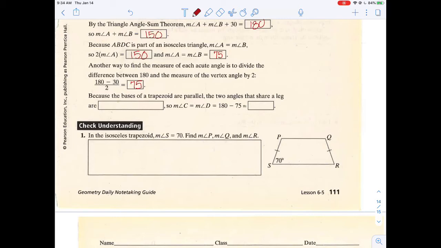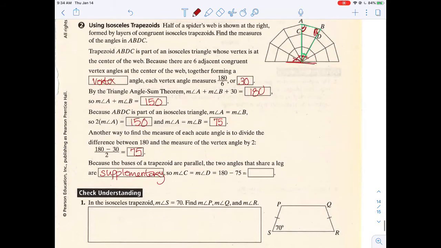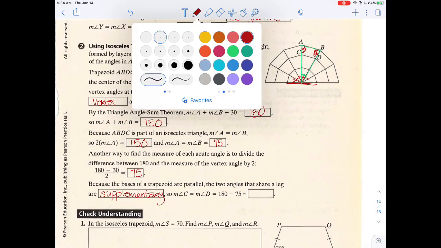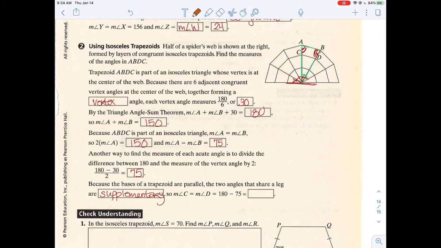Because the bases of the trapezoids are parallel, the two angles that share a leg are supplementary. So now we're just looking at the trapezoid that's formed. So that would be just A, B, C, D here. What they're saying is these two are supplementary and these two are supplementary.